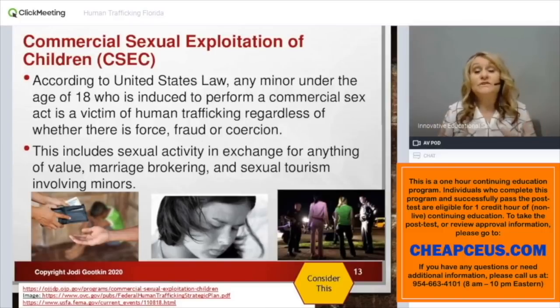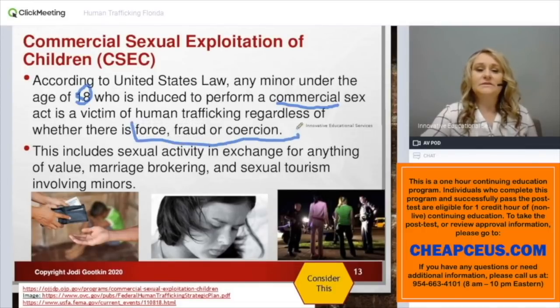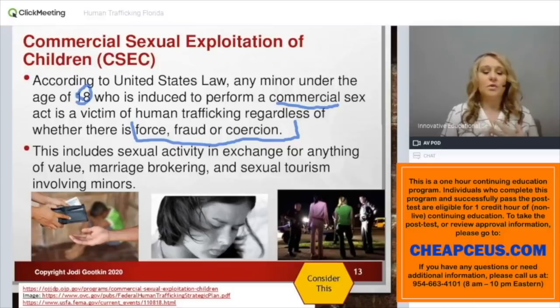If their perception is they're being treated well, anytime that there is a commercial sex act performed by a minor, it is considered sexual exploitation. There does not need to be any evidence of force, fraud, or coercion. And this is important to recognize that these cases must be reported because these individuals are being exploited. They're minors. They cannot make that decision to participate.